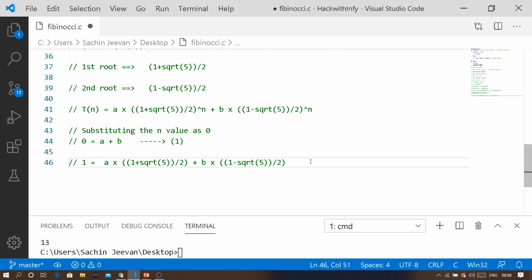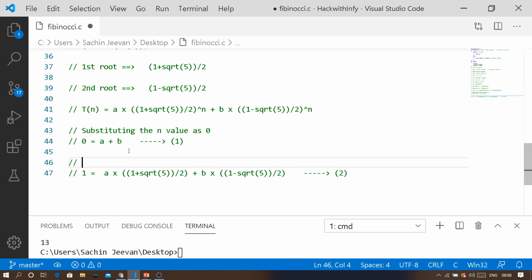Fine. So now this equation can be taken as the second equation. How did we get this equation? We got this equation by substituting the n value as 1.